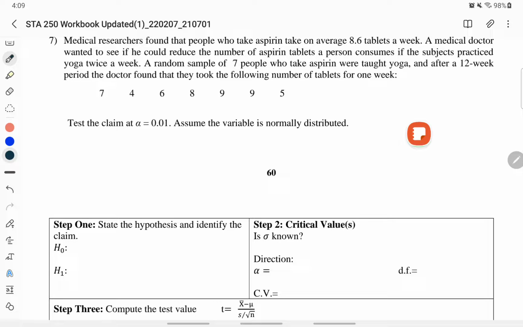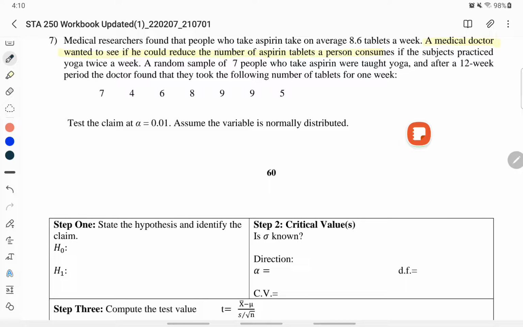Assume the variable is normally distributed. Okay. Let's write our claim first, which is the alternative hypothesis. A medical doctor wanted to see if he can reduce the number of aspirin tablets a person consumes if that person practices yoga twice a week.